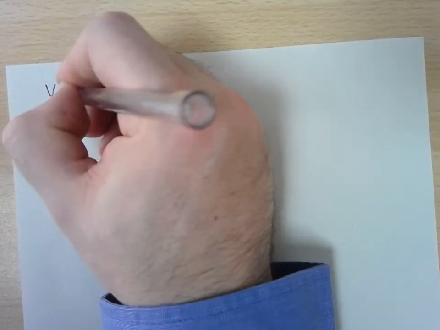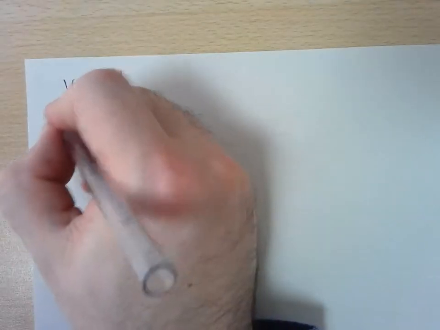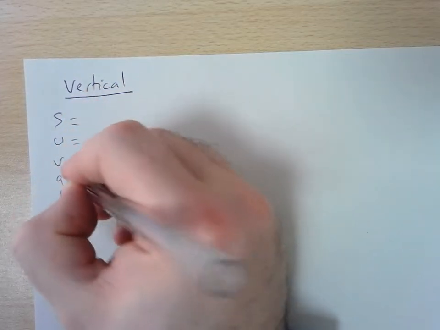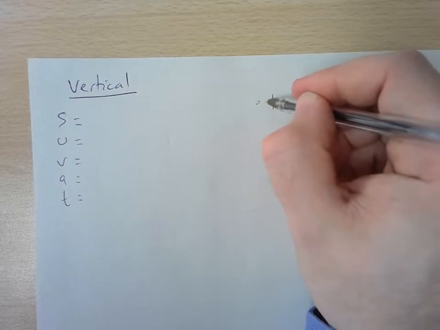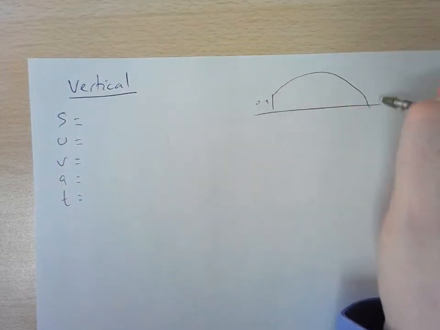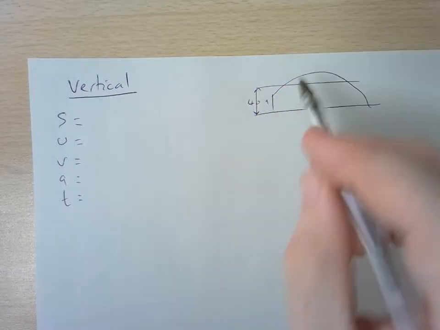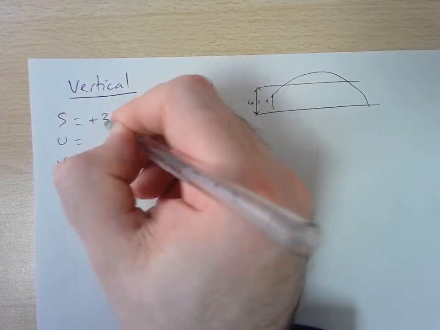So we're going to write out a suvat for vertical. So our suvat, S-U-V-A-T, we've got our 0.9 here, our path here, and we want to know a distance of 4 meters. So the distance we want to move is up 3.1 meters. So plus 3.1.